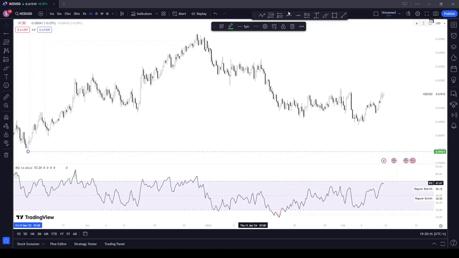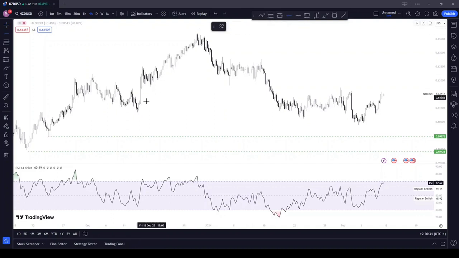So these are institutional areas of interest where at every given point we saw serious momentum going up. From here you can see the market retraced a little bit, then from this point was the highest momentum. So you can see this is a serious demand zone.